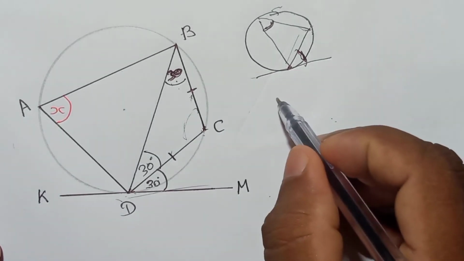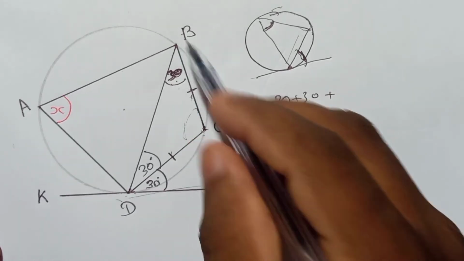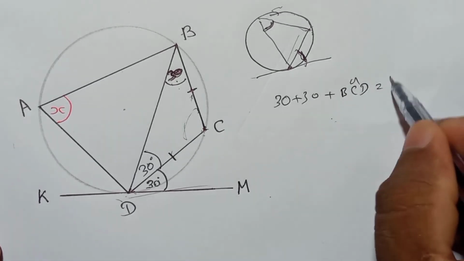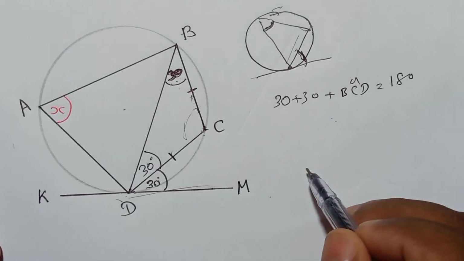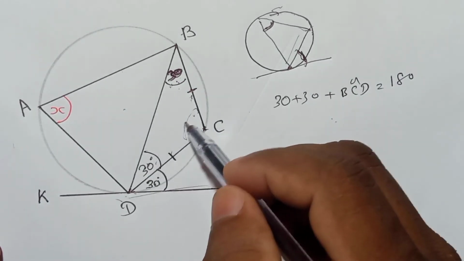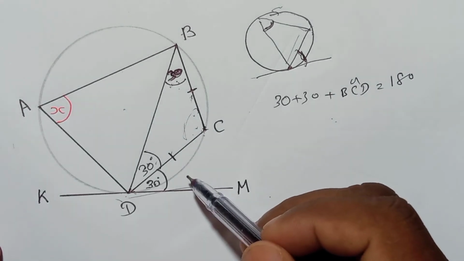Again you can use this way: 30 plus 30 plus the BCD angle should be equal to 180, right? This is the interior angle of a triangle. If they ask for the reason, you can write it like that: interior angles of a triangle.